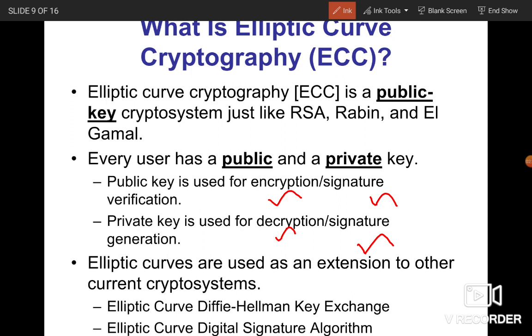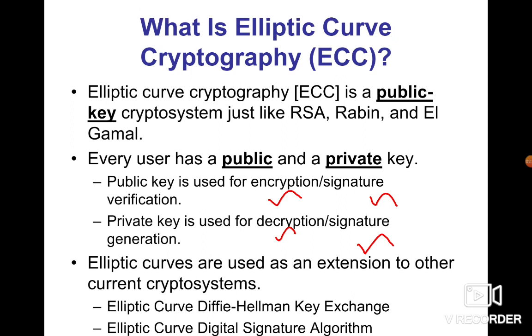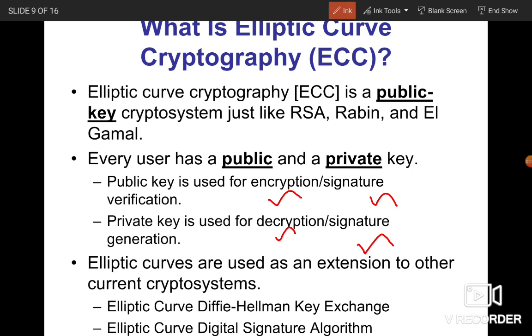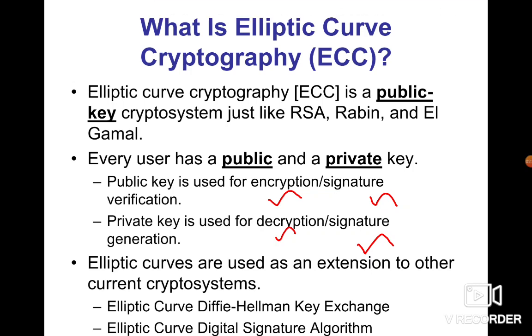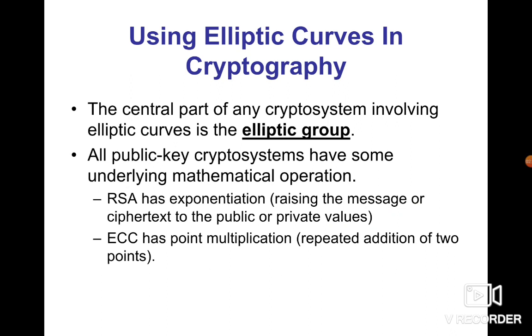Normally elliptic curves are used as an extension to current cryptosystems, that is Diffie-Hellman key exchange along with the elliptic curve. Similarly, DSA along with ECC. So it is normally used as an extension to other cryptosystems.